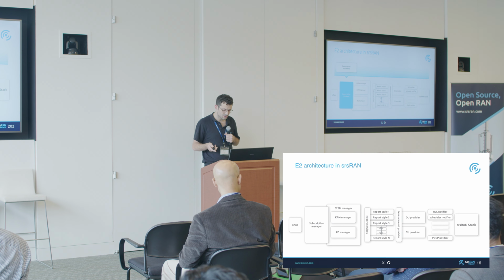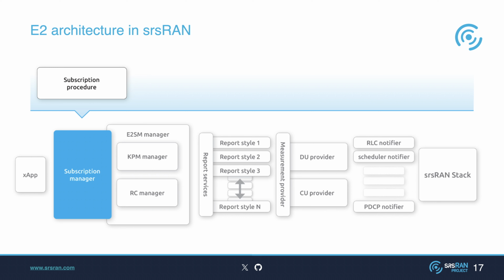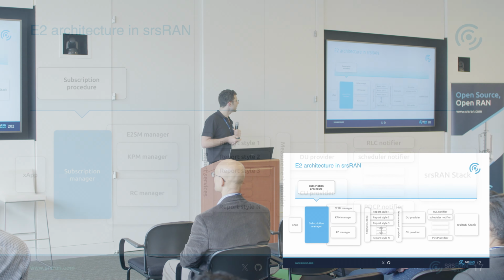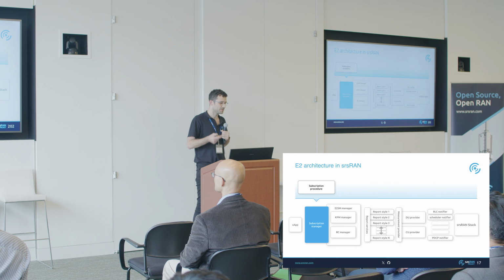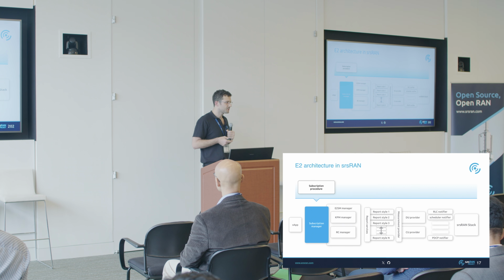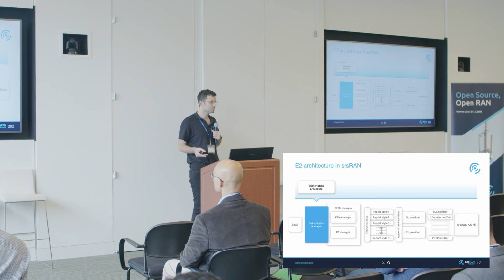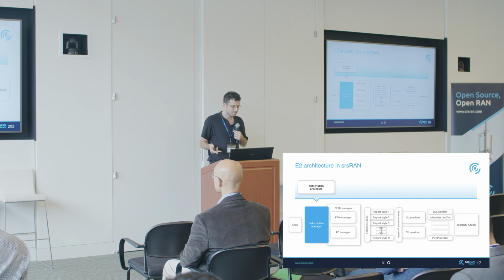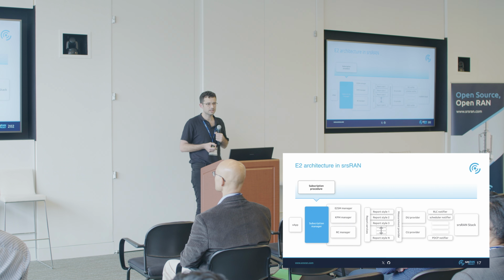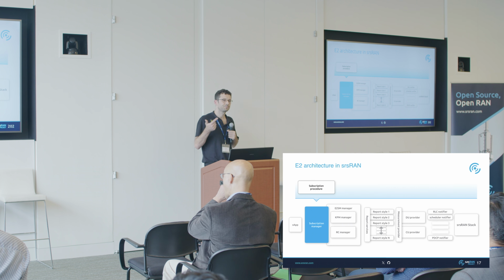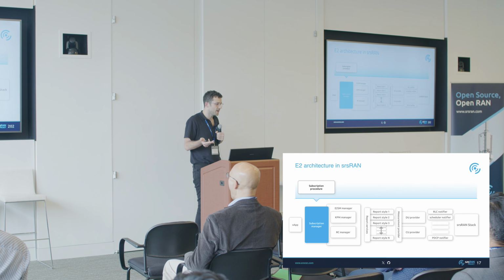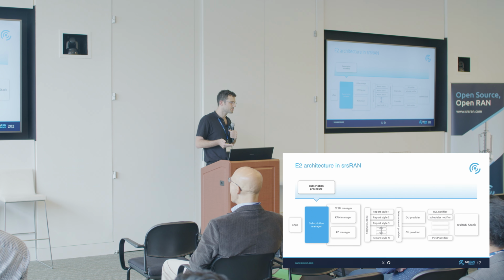So I'm using the subscription procedure here. The subscription procedure is a good example of looking at how all the different components are touched throughout the E2. The subscription's job is to manage the process of extracting metrics from the stack all the way to the xApp. A subscription procedure will arrive at the subscription manager, and it will have details about the particular RAN function, the service, the action, and the metric or parameter that the subscription is interested in.